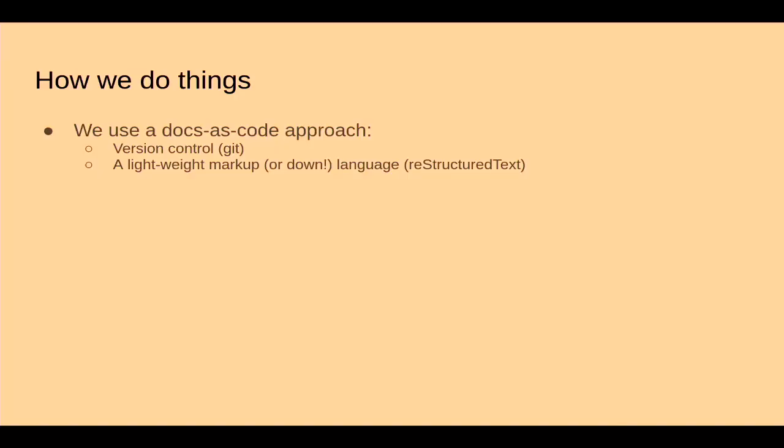We use a lightweight markup language, restructured text. It's similar, I guess, if you're familiar with Markdown. It's similar to AsciiDoc, which is another one that's used for documentation, but we use restructured text at the moment.